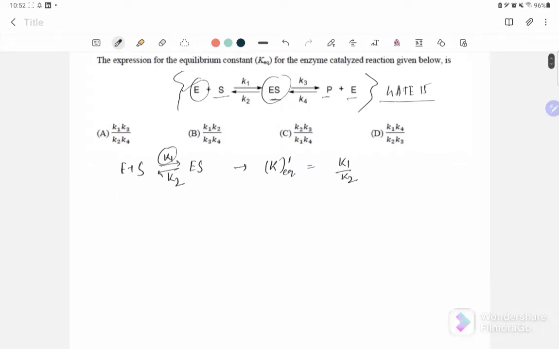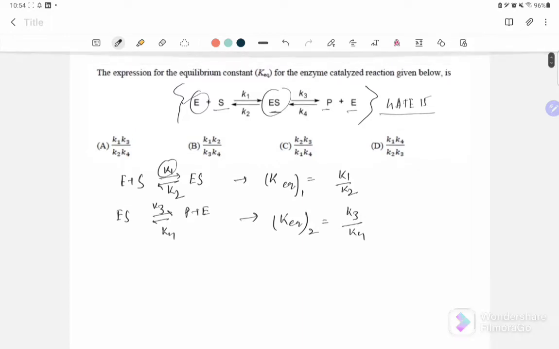For the next step, ES is in equilibrium with P plus E, with K3 and K4. So K equilibrium 2 is K3 by K4. It's better to write it with 1 here, 2 here, so it's not confusing.